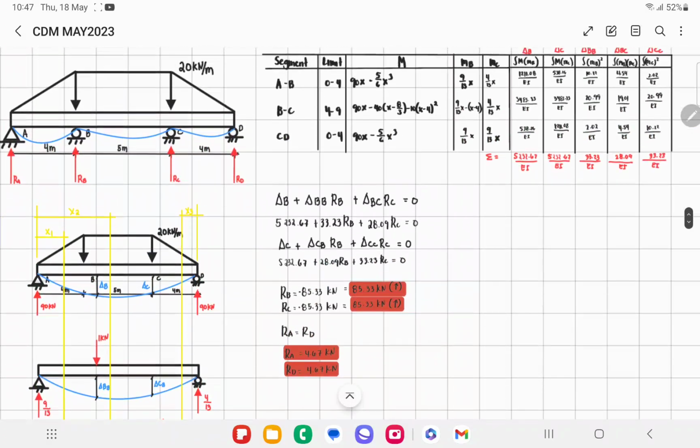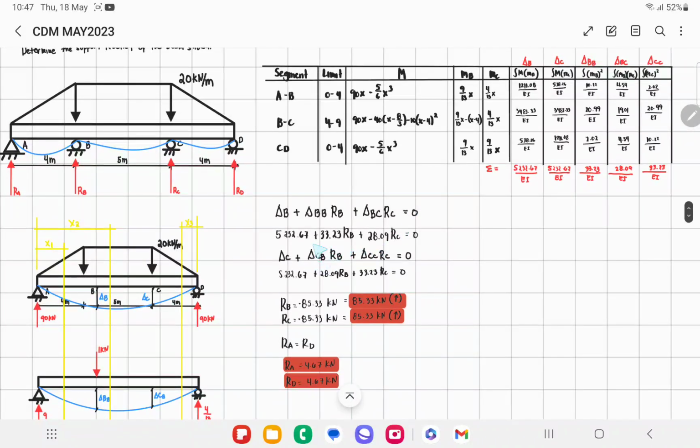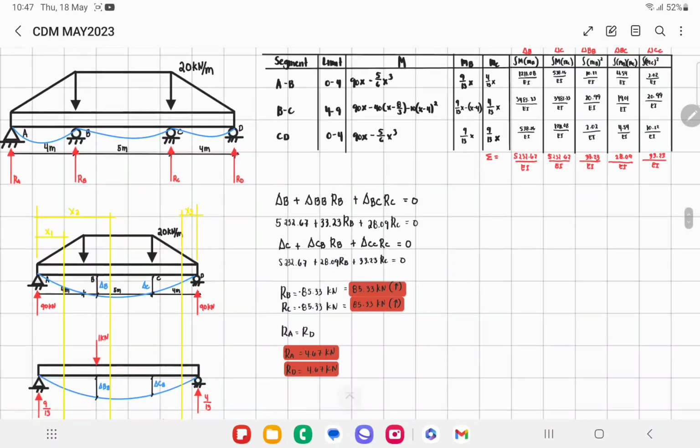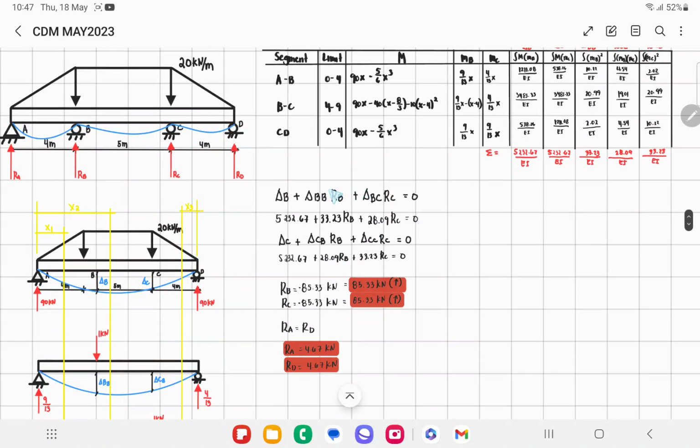Okay? Delta C plus delta CB times RB plus delta CC RC. Since our delta CB is just equal to BC, 28.09 din. And then, so meron na tayong 2 equations. So we have 2 unknowns and then 2 equations. So madali lang yan. So you can use your calculator or the manual method.